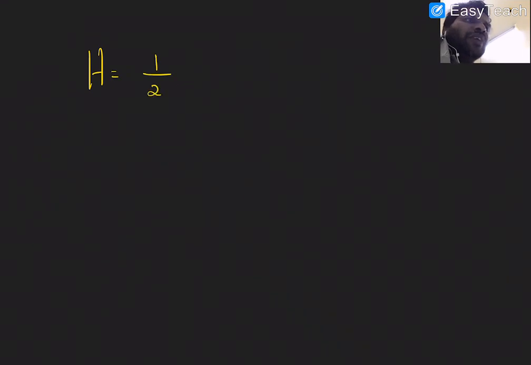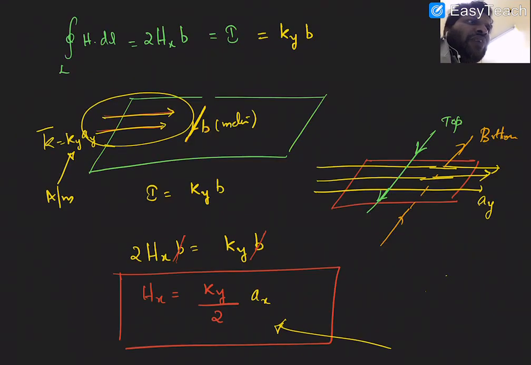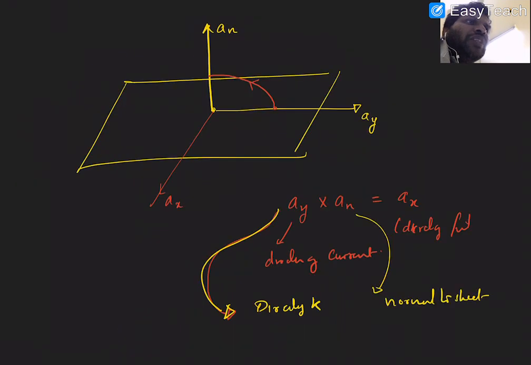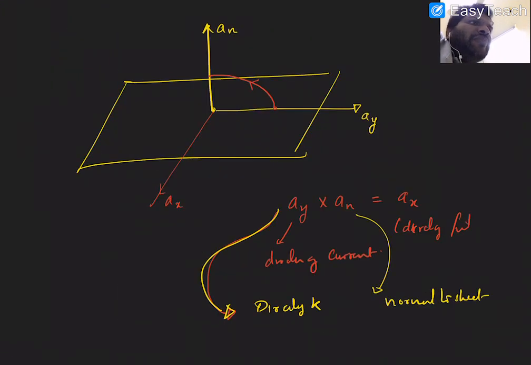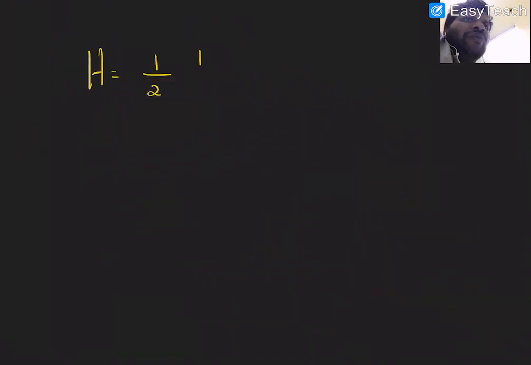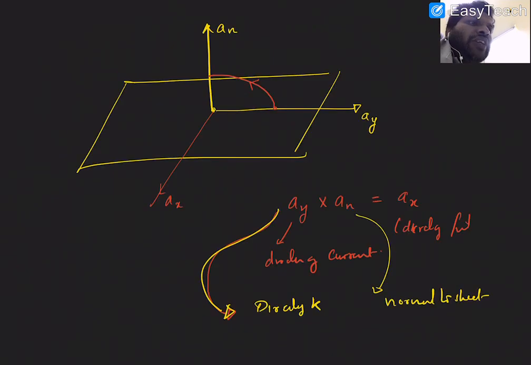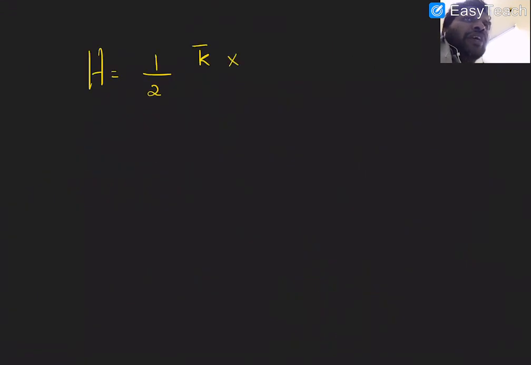Then instead of Ky into ax, because this contains the direction ax and Ky is the magnitude, we will take the vector K. So the vector K cross this normal to the surface.